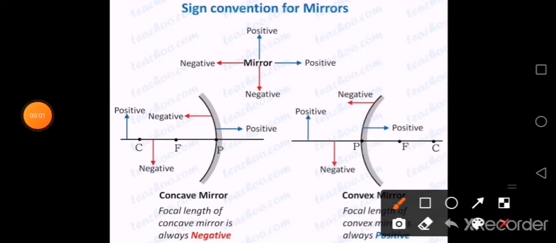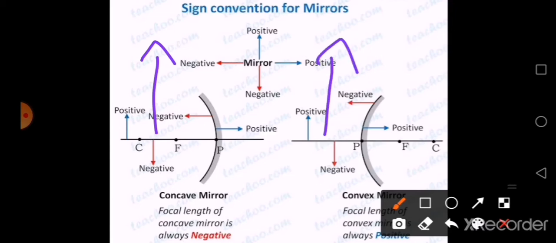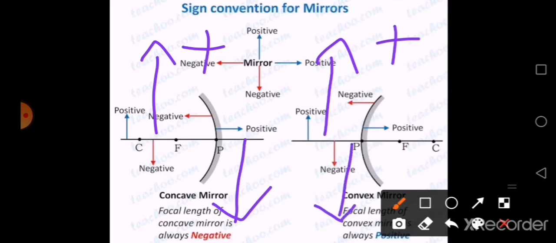Now again, with regard to your principal axis, whatever distances are above the principal axis will be positive, and whatever distances you take below the principal axis will be negative according to the Cartesian sign convention.